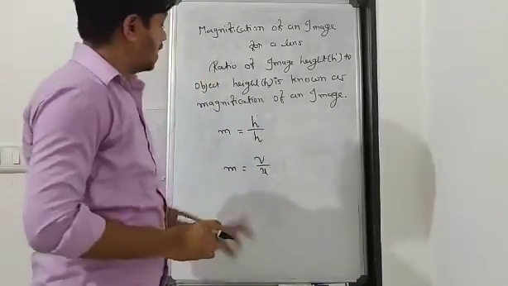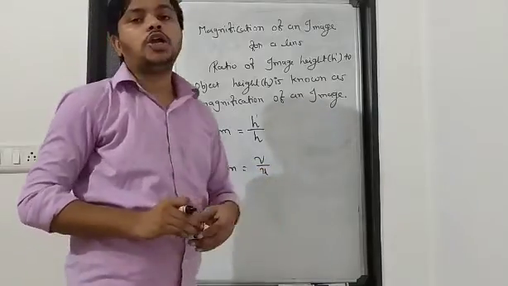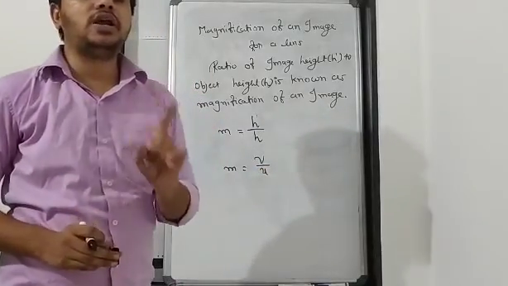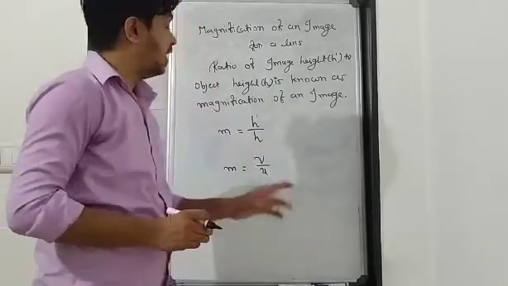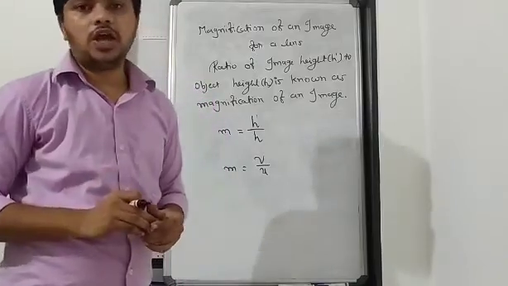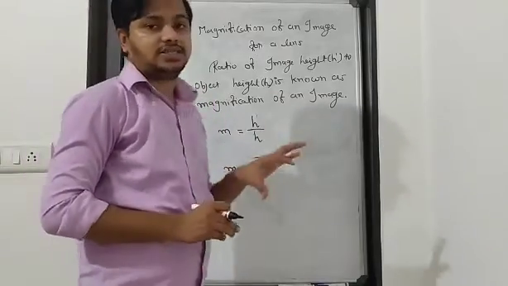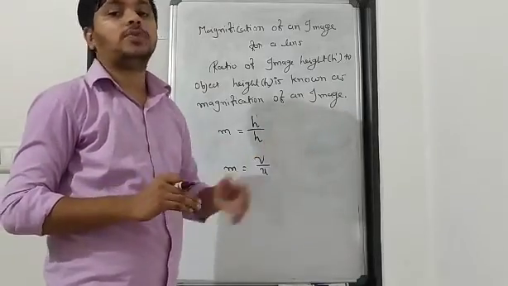In a mirror, m is equal to minus v by u, but for a lens it is v by u. Because in a mirror, the real image is always formed on the side of the object, while in a lens, the real image is formed on the other side of the object, right? It is always on the other side of the lens from the object.